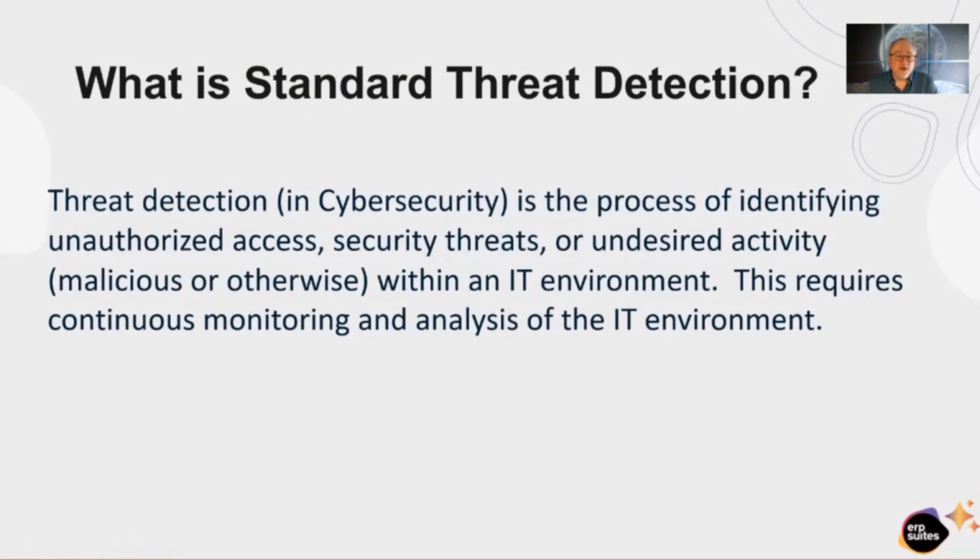It could be a user that's been given too much access and they're not even realizing what they're doing in a particular system. They could be modifying something that they shouldn't be, and it's not necessarily because they are intentionally trying to do that. So we want to watch out for non-malicious activity as well as malicious activity. Threat detection always has a negative connotation, as in bad actors, but I think it's important for us to make note of that. This does require continuous monitoring and analysis of the entire IT environment.